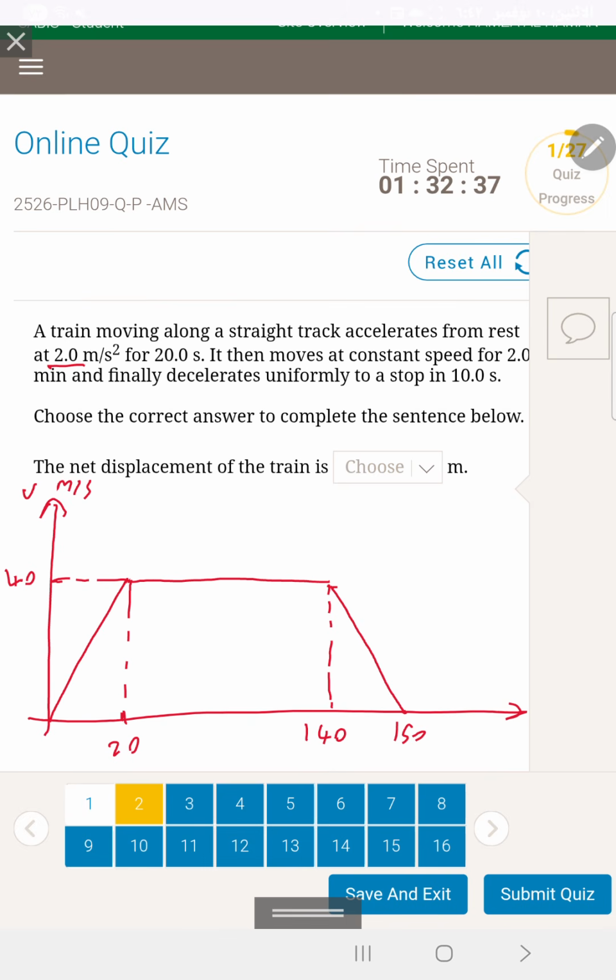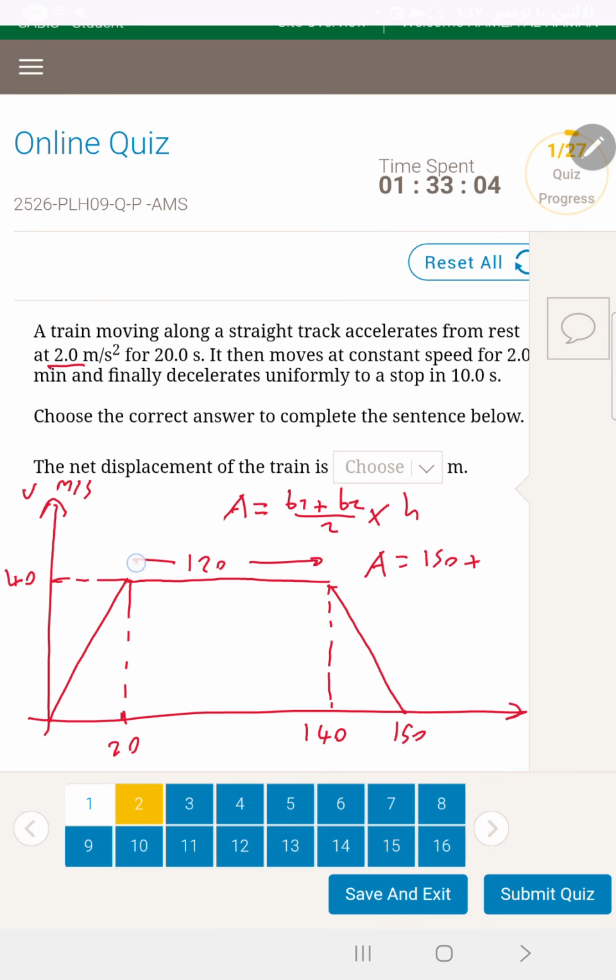Now to find the displacement, you have to find the area of the trapezium, the area under the graph. So the area of a trapezium or trapezoid is equal to base 1 plus base 2 over 2 times height. So area is equal to base 1, which is 150, plus base 2, which is 120.